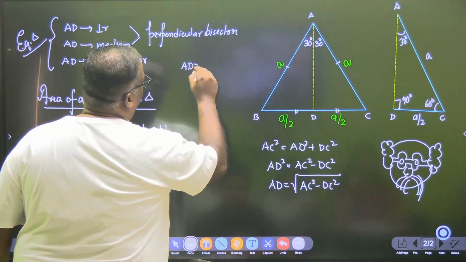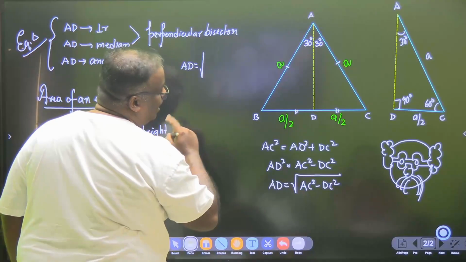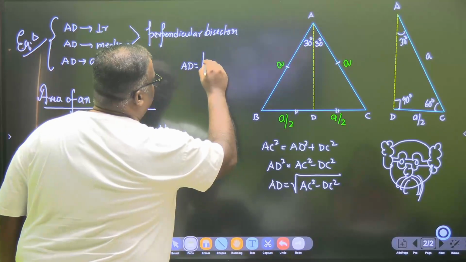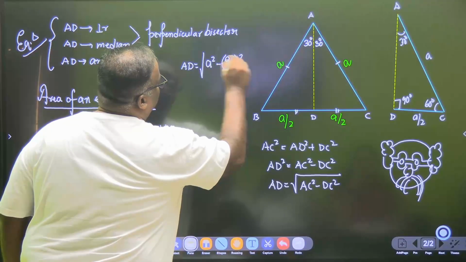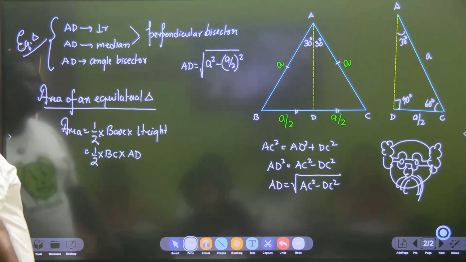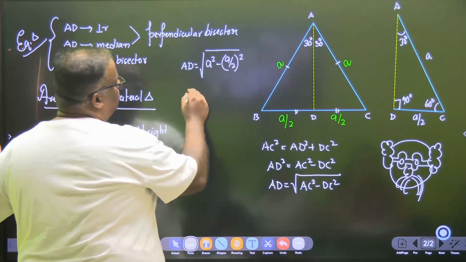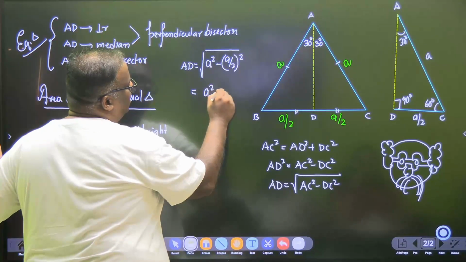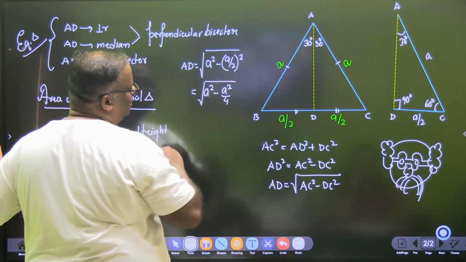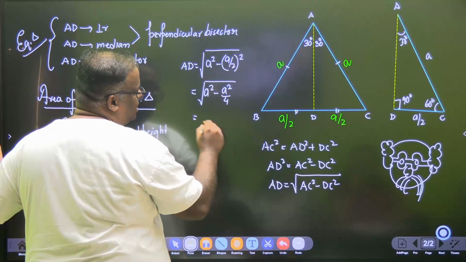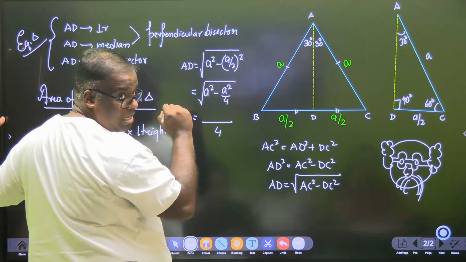My AD would be the square root of AC square. What is AC? It is A square minus A upon 2 whole square. Agreed? So this becomes A square minus A square upon 4. Now 4 is our LCM.